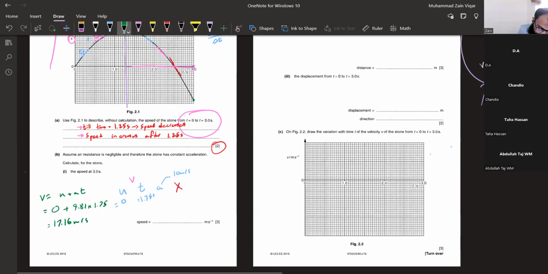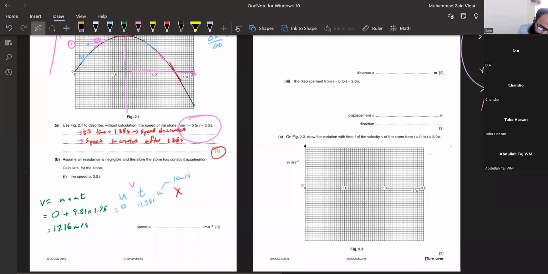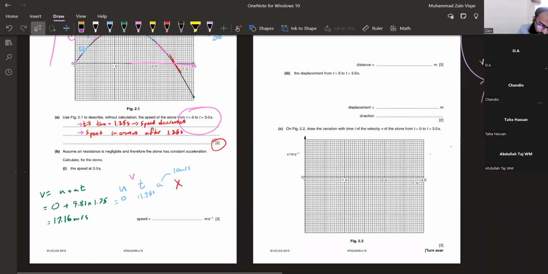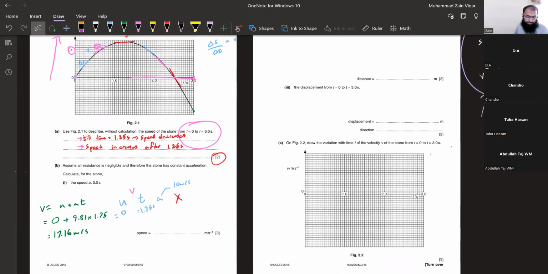Another way to solve this, another possibility was I do not ignore this whole part. Right now, my starting point would have been the point where velocity is equal to zero. The problem is, if I knew the velocity at the starting point, then I would have taken time 3.